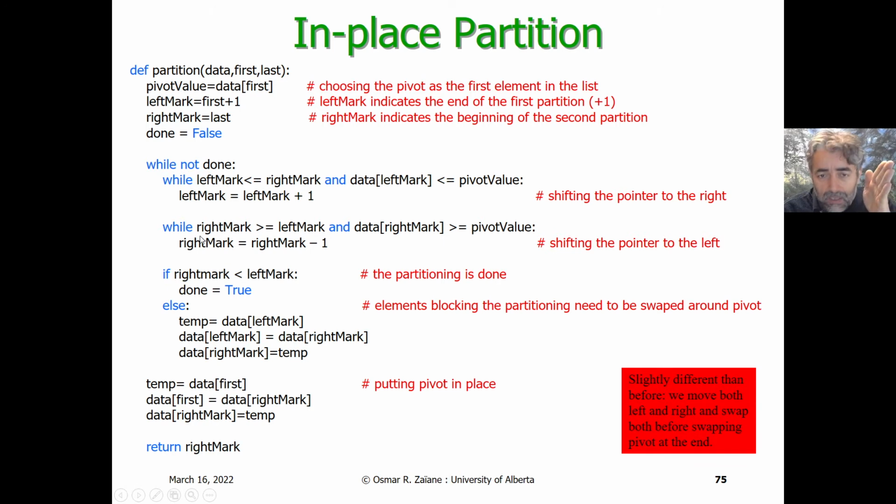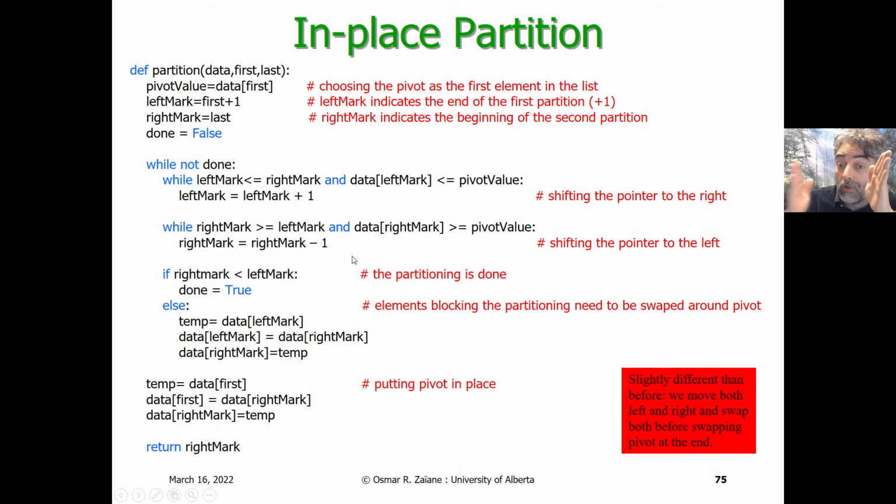Then I stop there and I do another loop to traverse from the right. So while the right mark is still bigger than the left mark, okay, they haven't crossed yet, and while the data at the right mark is still bigger than the pivot, it's in the right place, it's fine, I move forward. Right mark is equal to right mark -1. Why -1?